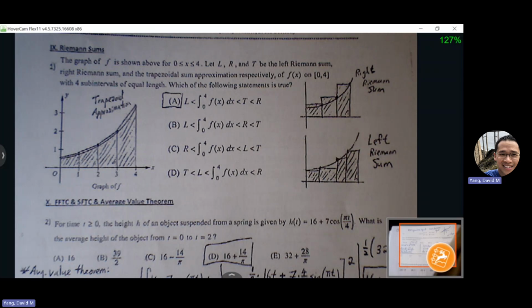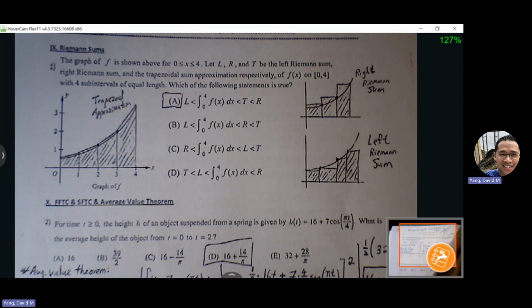So if you draw a bunch of trapezoids, all you're doing is connecting between the tops of every line here. And if you look, because it's concave up, all my trapezoids will be slightly above my graph. So it's going to be a slight over approximation. So how do you know where to put those points? Is it on the line? Yeah, right here. I'm just connecting the dots with straight lines. Okay. And those are my trapezoids.